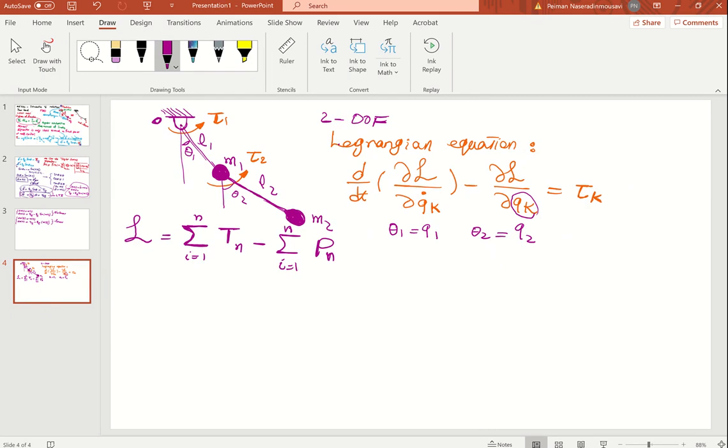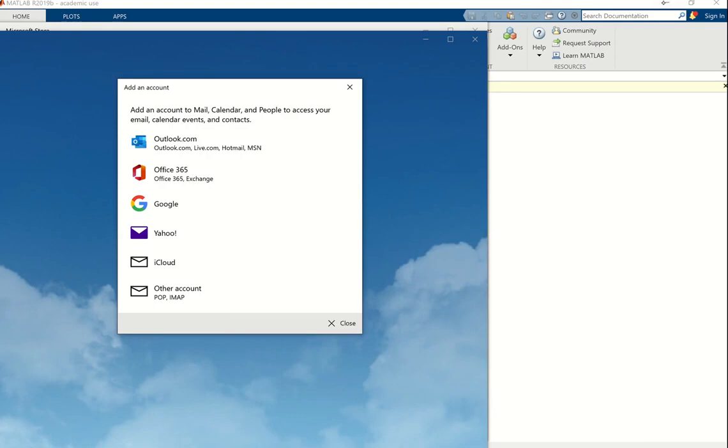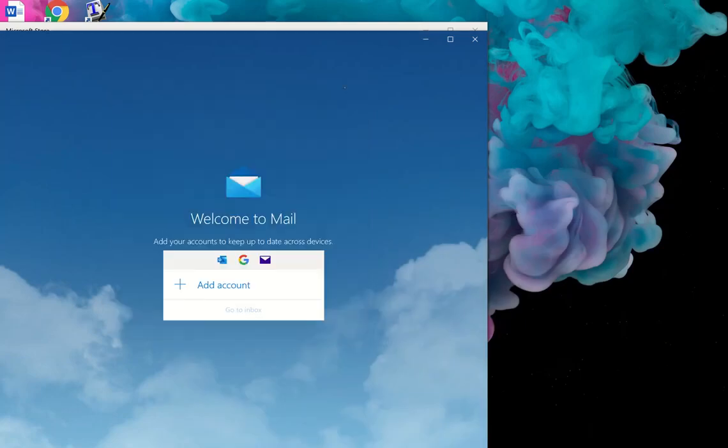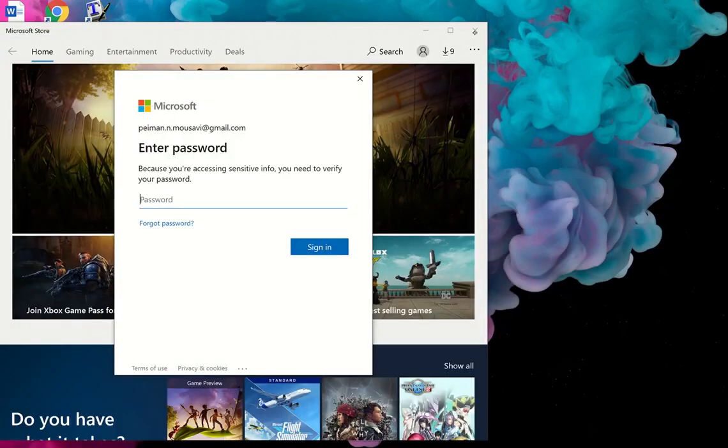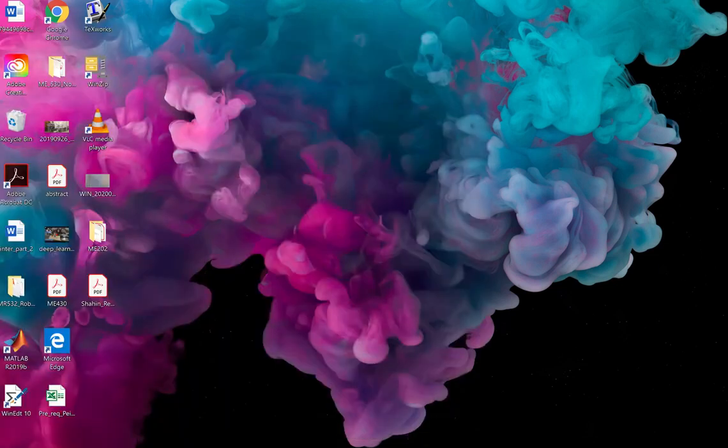Example, let me show you. I have a dynamic system and control lab at San Diego State University where I'm experimenting with many things.